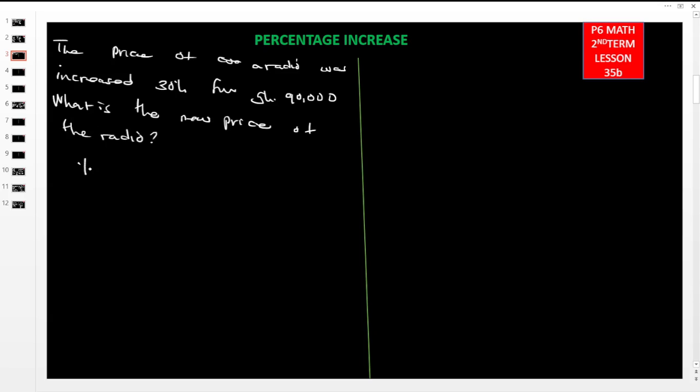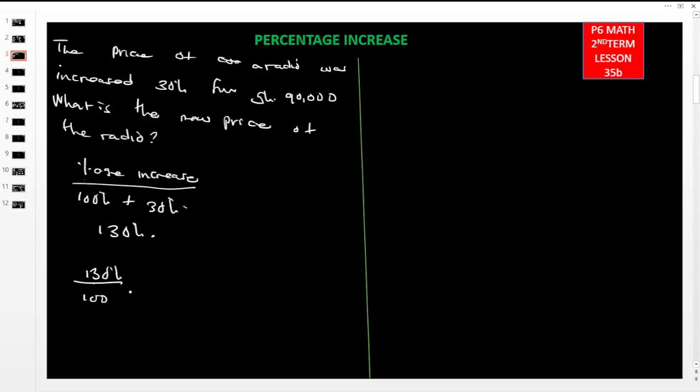Okay, for a percentage increase, this is going to be 100% plus 30%, which is 130%. So 130% out of 100 times our original 90,000 shillings. Cancelling zeros, this is 13 times 9,000 shillings.